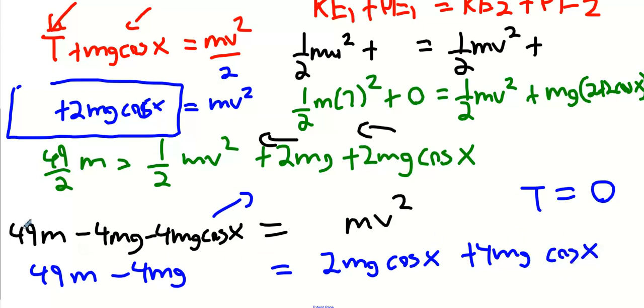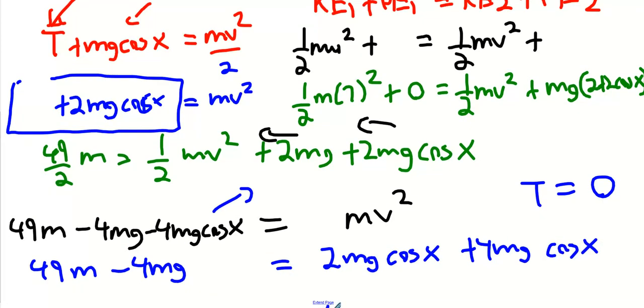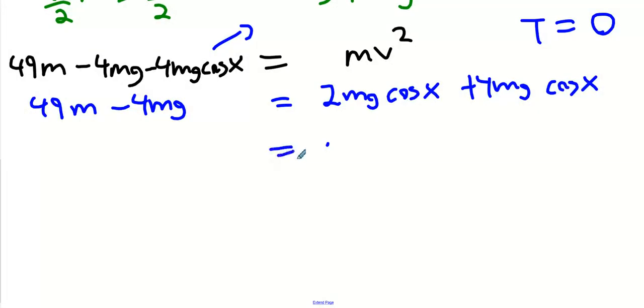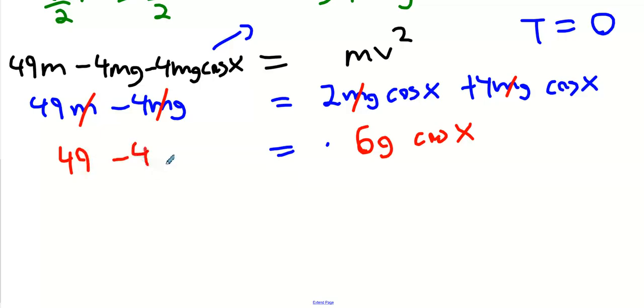Alright, some of you might need to help me out with this now in a sec. Would you all agree that the m's can cancel? We cool with that? And you all cool that 6g cos x? Yeah? 6g cos x? And that's 49 minus 4g.